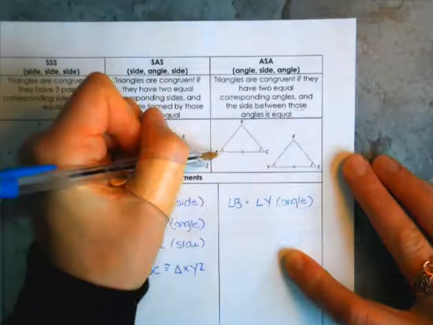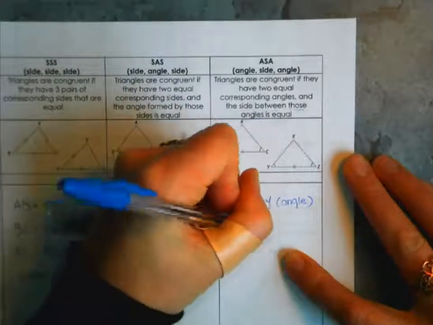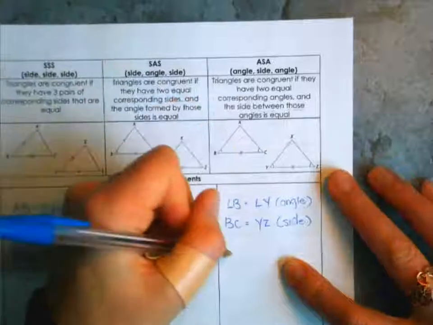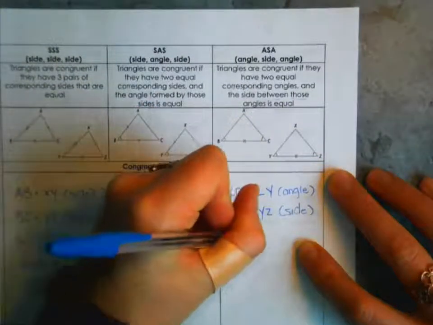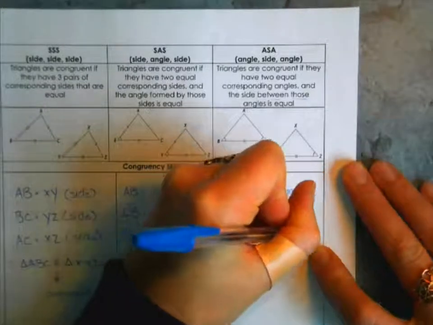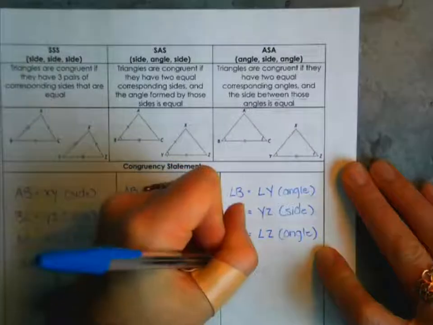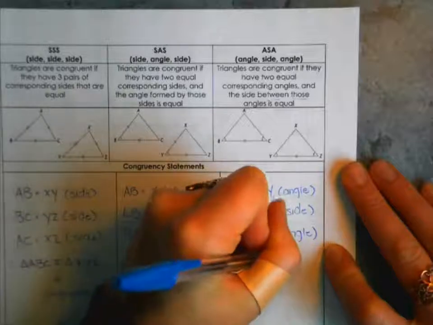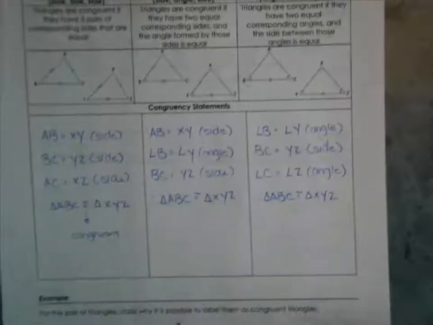Then we have side BC is equal to side YZ, which is a side argument. And then last of all, we have angle C is equal to angle Z, which is an angle argument. And again, we can say therefore triangle ABC is congruent to triangle XYZ, just like that.